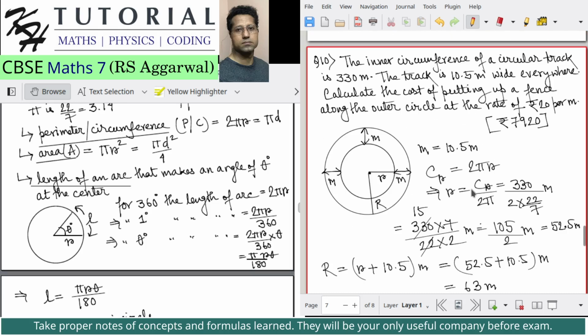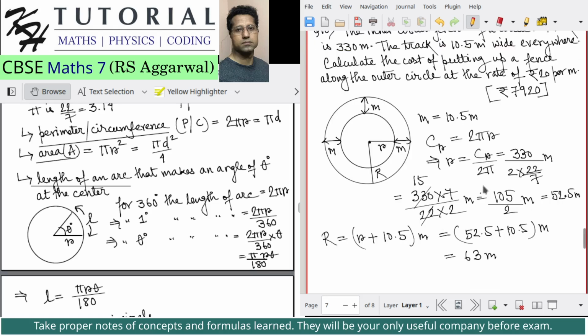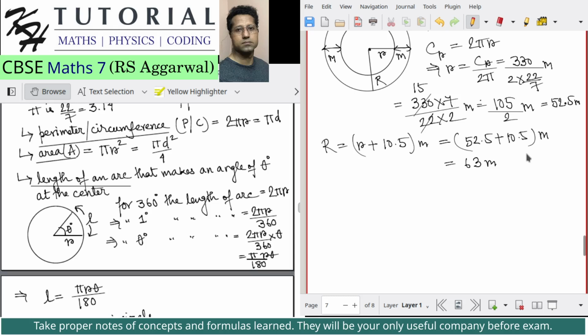Now the fencing will be done along the outer circle. The rate of cost of fencing is rupees 20 per meter. So to find the total cost of putting up a fence along the outer circle, we have to find the circumference of the outer circle.